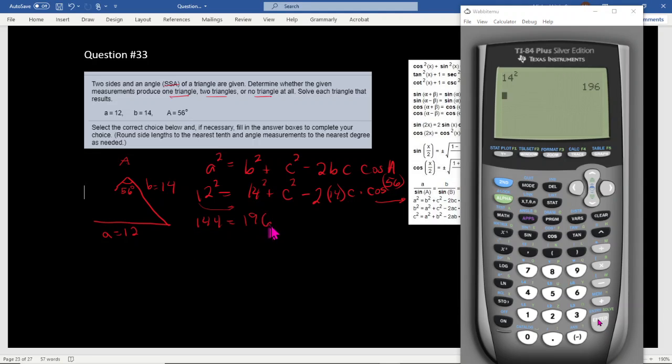We don't know c squared. 2 times 14 is 28. Cosine of 56, and then c.